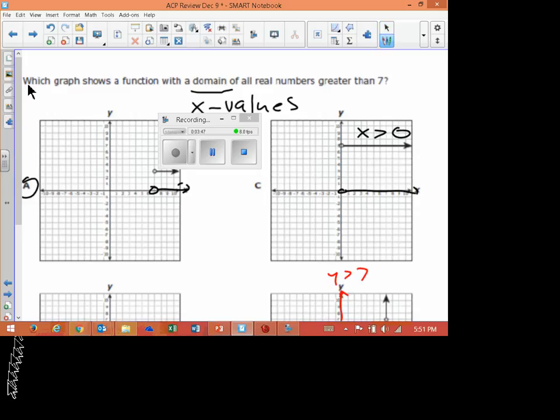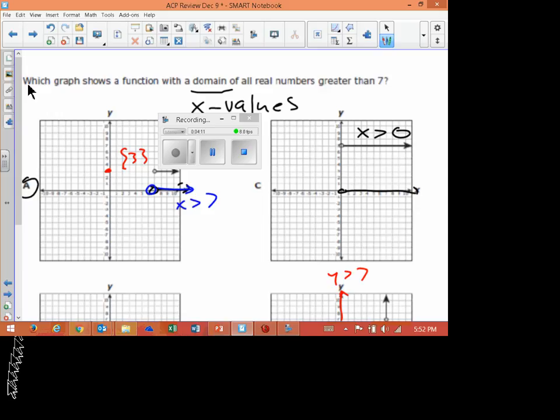The domain, as I retrace it in blue, starts at 0 and goes on forever. That's x greater than 0. But if I look at the range, it's only defined at 3. The only element in the range is 3. That's it. If you look at the x, y axis, that's the only place where the function exists.